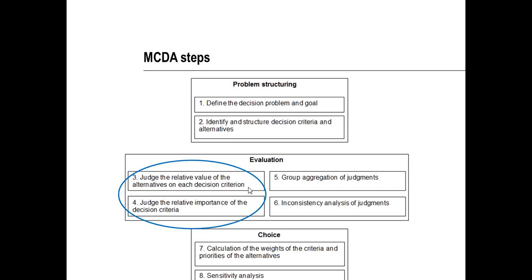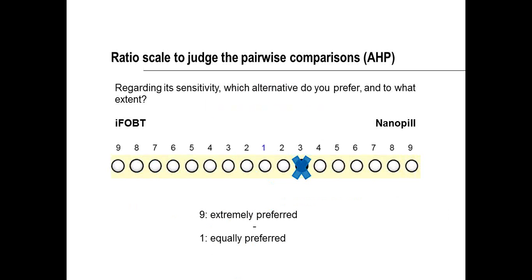And to judge the value of the alternatives and the importance of the decision criteria, they are using pairwise comparisons. This is an example of one of these pairwise comparisons when you are using the analytic hierarchy process. Here you have the 2 alternatives that are being compared. So always you are comparing 2 alternatives.